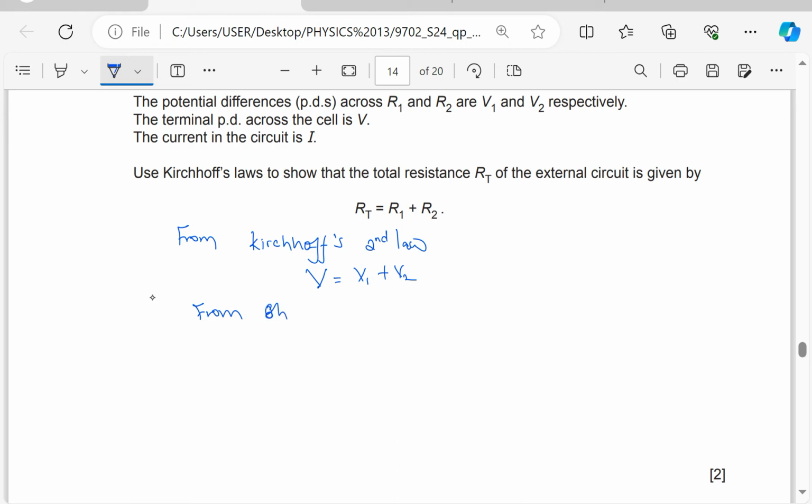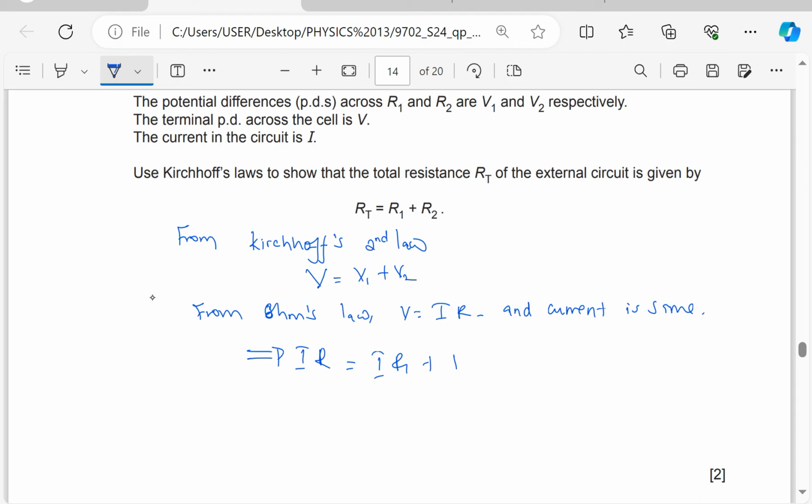Then, of course, from Ohm's law, we know that V equals I times R. And remember, the current is the same. So where there is V, I'll put I times R. Where there is V1, I'll put I times R1.